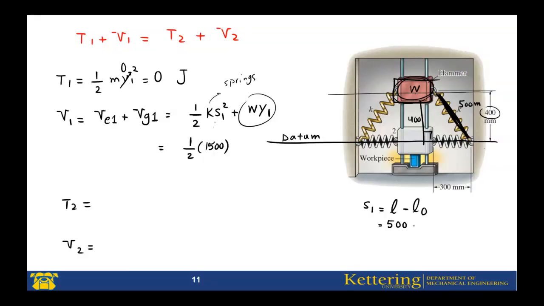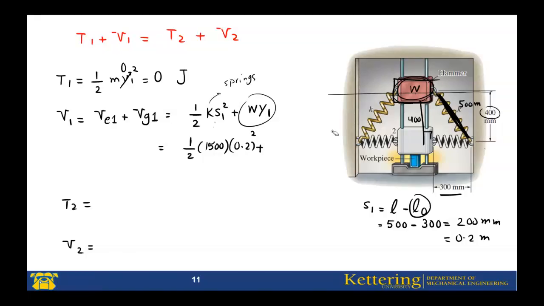So it equals 500 minus the initial or unstretched length of the spring, which is 300. It is equal to 200 millimeter or 0.2 meter. Then I put this one here, 0.2 squared plus this one.